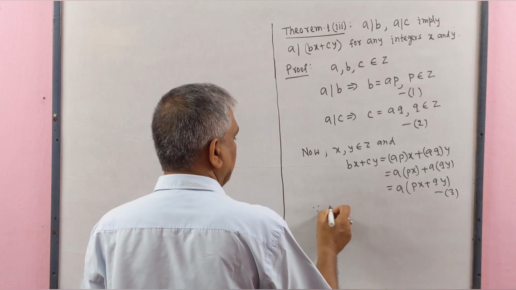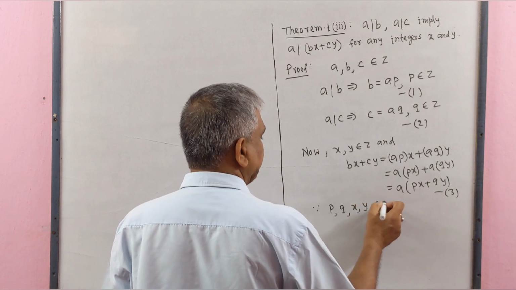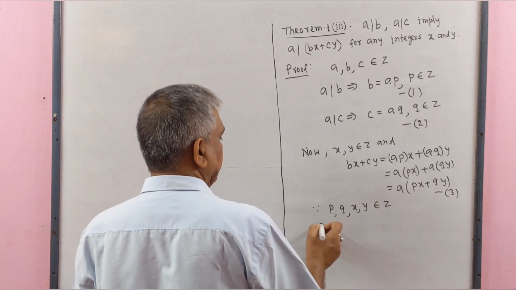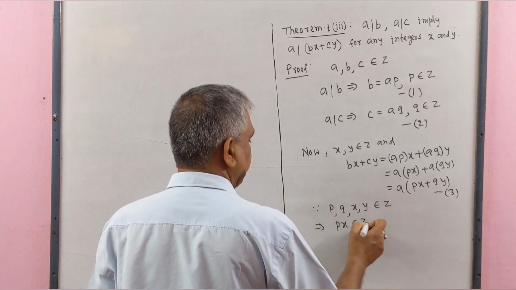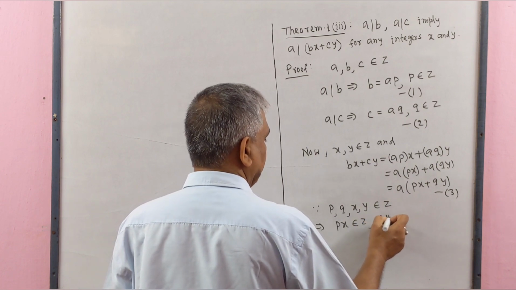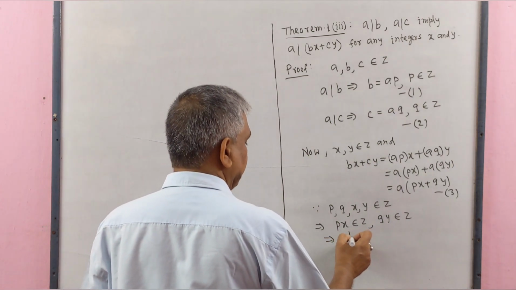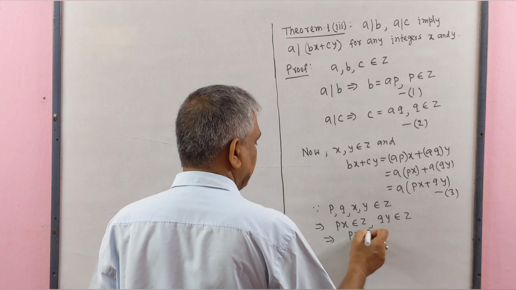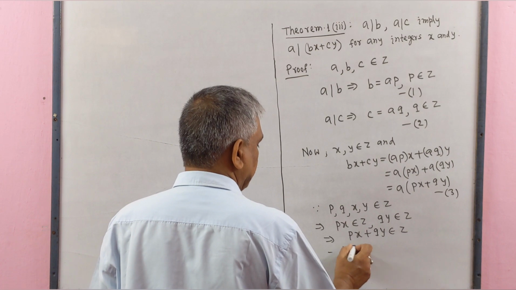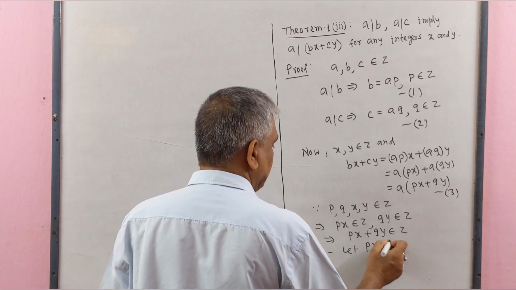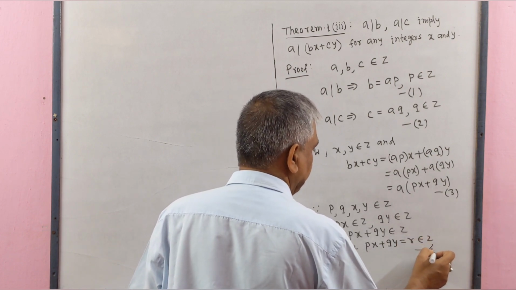Since P, Q, x, y belong to Z, integers, implies that Px is an integer belong to Z and Qy is another integer. Addition of two integers is integer, therefore Px plus Qy belong to Z. Let Px plus Qy equal to R belong to Z. This is number 4.